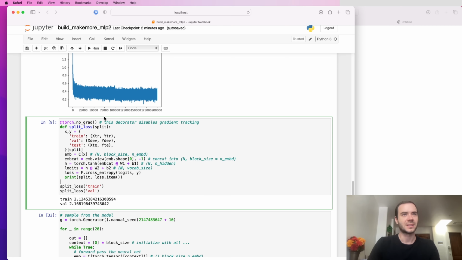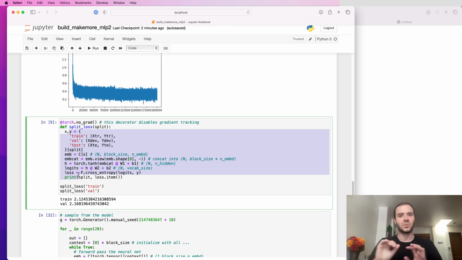One thing that you'll notice here is I'm using a decorator, torch.no_grad, which you can also look up and read documentation of. But basically what this decorator does on top of a function is that whatever happens in this function is assumed by Torch to never require any gradients. So it will not do any of the bookkeeping that it does to keep track of all the gradients in anticipation of an eventual backward pass.